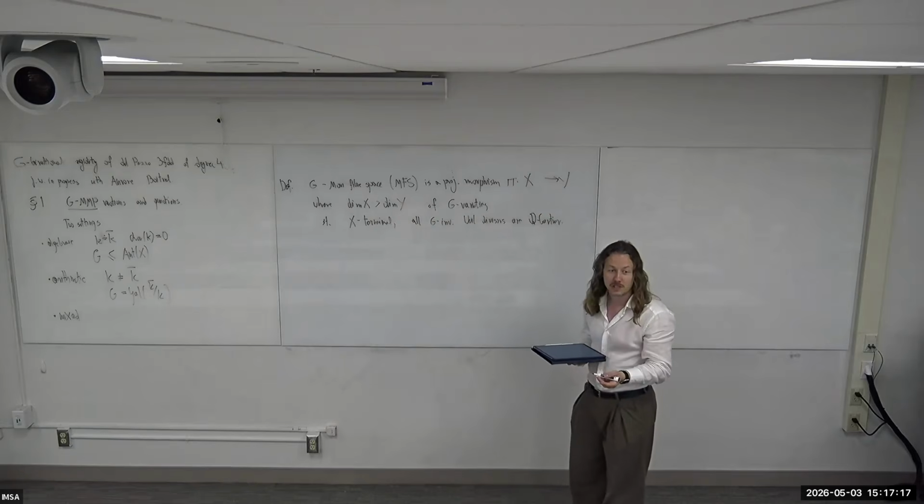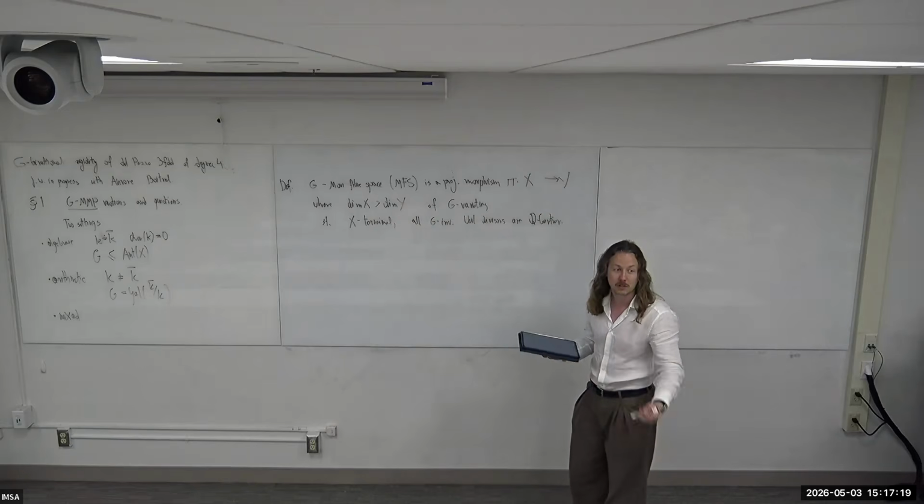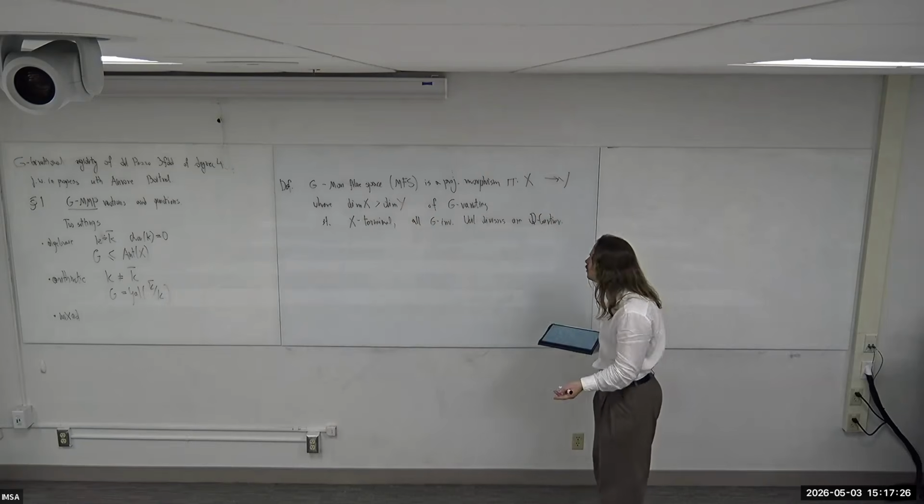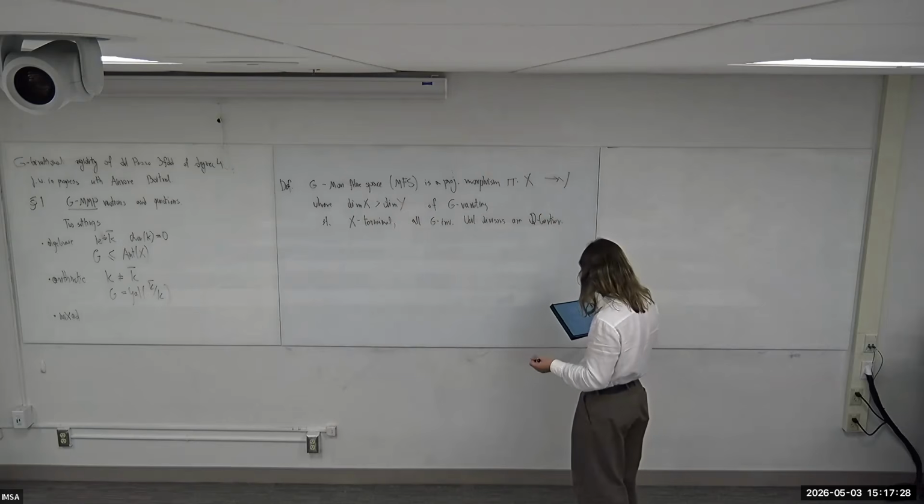In the usual MMP, we study Q-factorial varieties because we want to intersect stuff. This is the minimal version of this assumption that I care about: G-invariant Weil divisors are Q-Cartier.